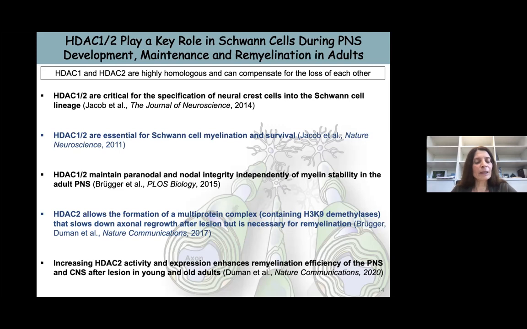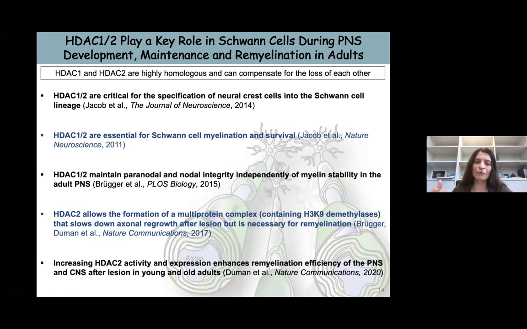And in a very interesting study, we found that actually the system is not perfect. In case of a lesion in the peripheral nervous system, HDAC2 induces the formation of a multiprotein complex that includes other chromatin remodeling enzymes, H3K9 demethylases. This protein complex also includes SOX10, the transcription factor that, as you all know, is essential for the life of a Schwann cell, for the differentiation process and for myelination.